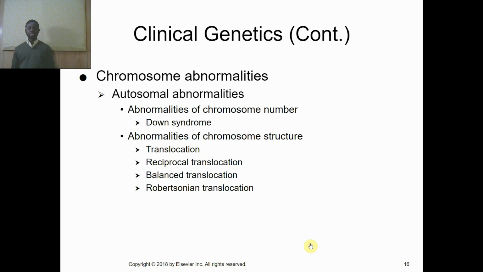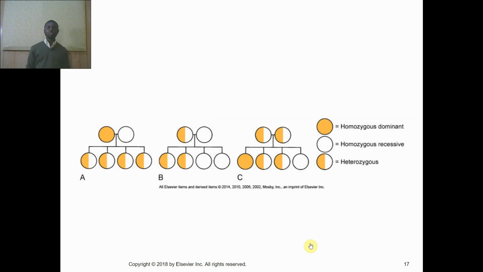Abnormalities with the structure of the chromosome can result from translocation, where the gene is attached to a section on the genome that it is not supposed to be, or where there is a removal of that particular gene from a spot that it is supposed to occupy. And like I said, we won't go into much detail.